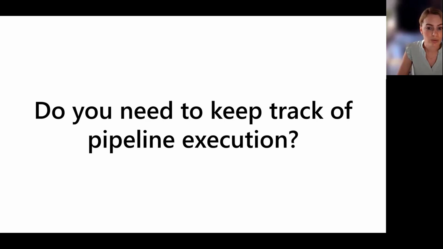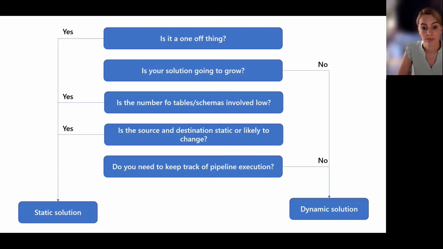Well, if you want to log how many rows you're transporting, or just whether the execution was a success or not, then you might need to set up your own solution for it instead of relying on the alternatives for monitoring in Azure. Those are some of the questions that you can start off with to establish a static or dynamic pipeline.